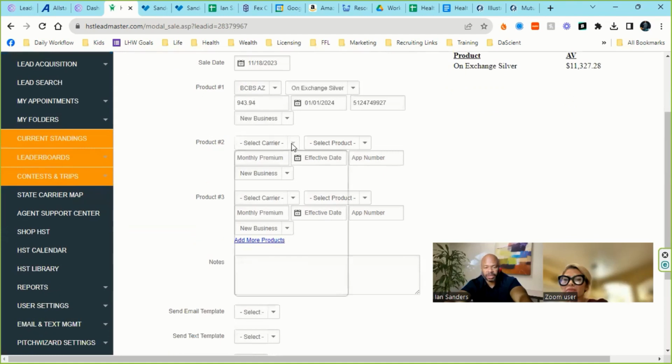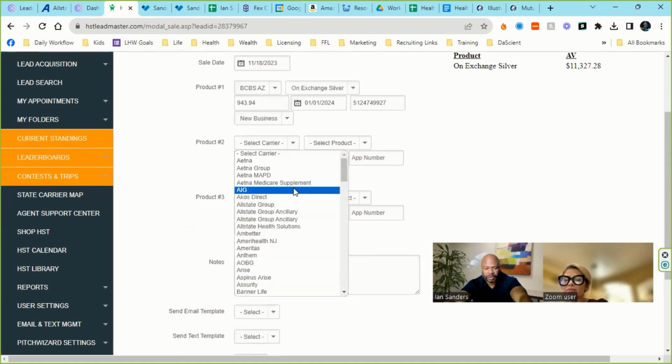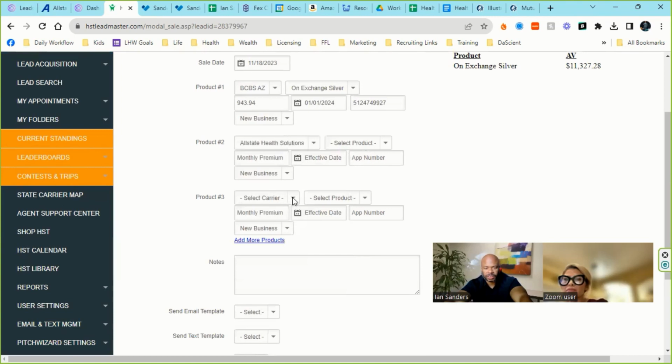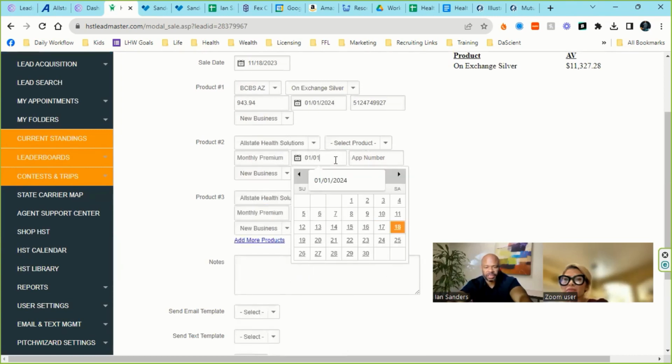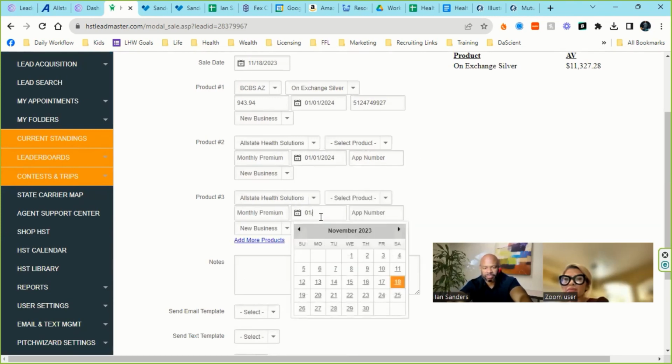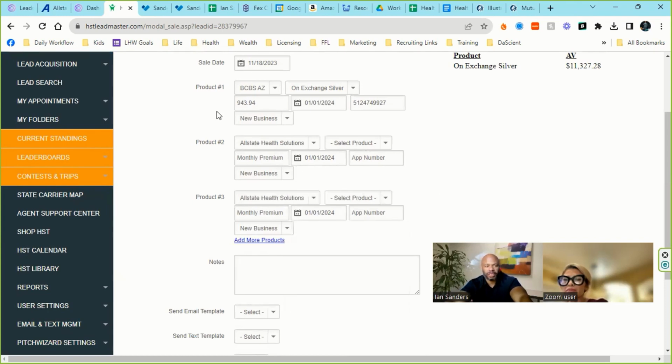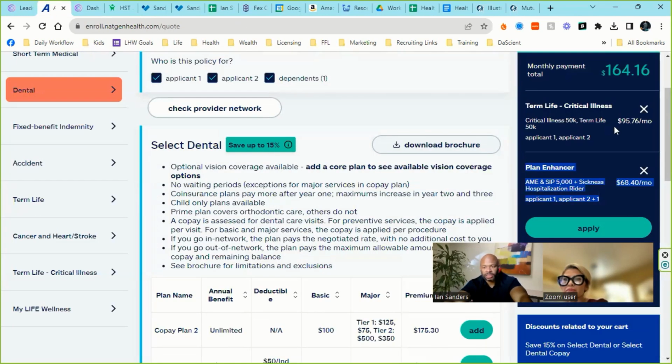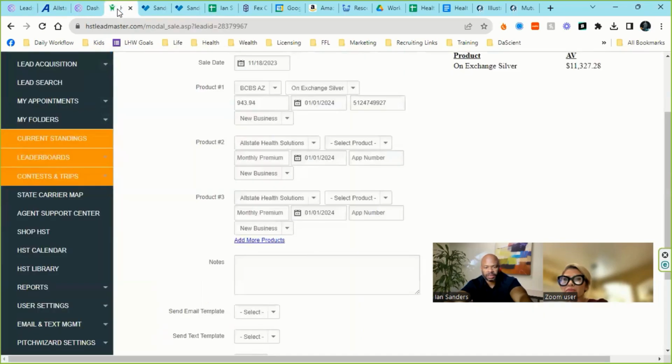Now, the next thing that we're going to do are the Allstate plans. So we're going to do Allstate Health Solutions, Allstate Health Solutions. We're going to say that all of this is going to start at the same time, even though we put 12/1 in there before. We're just going to say that it's going to be for the new year to make it easy. And then you'll put the monthly premium amounts for these. One's going to be $95.76, one's going to be $68.40. So we'll just do $95.76.